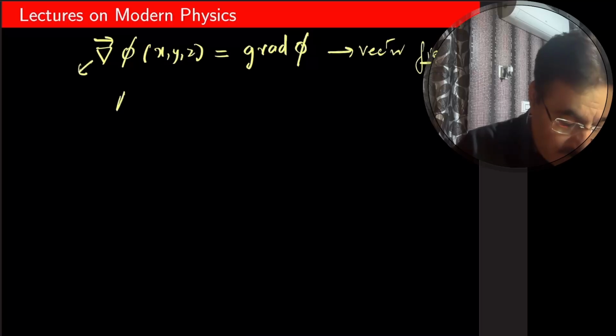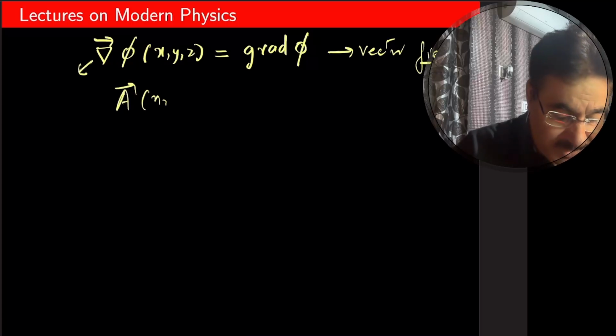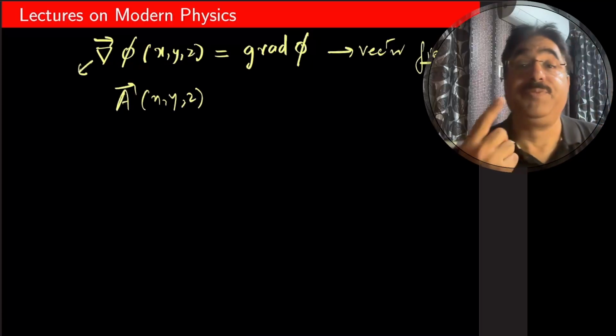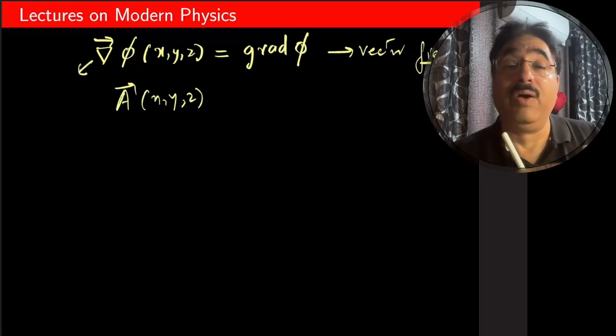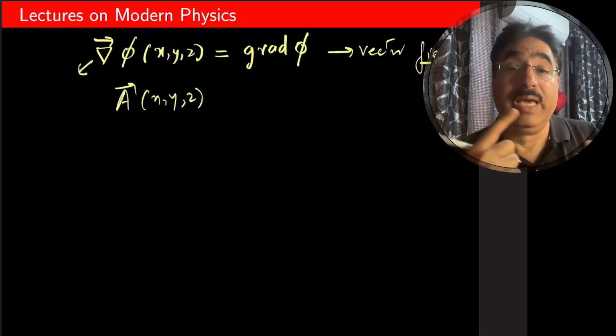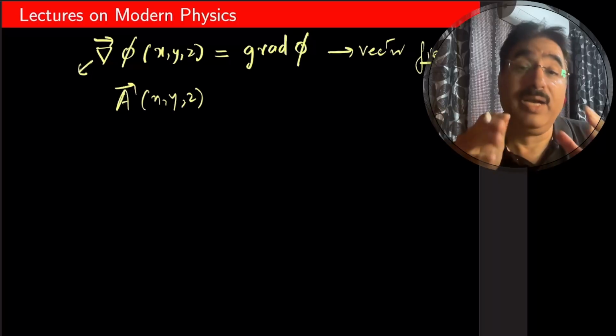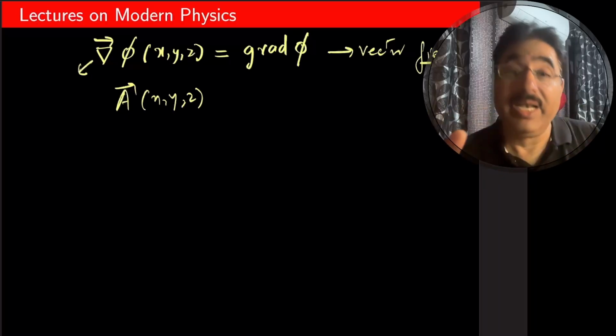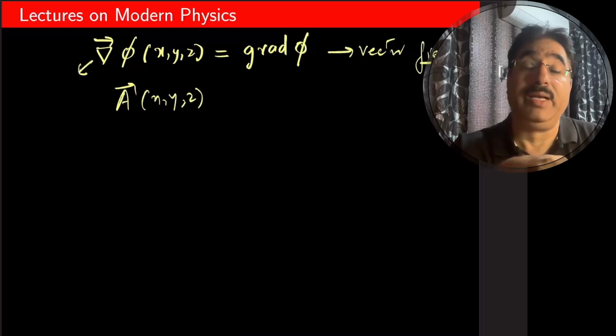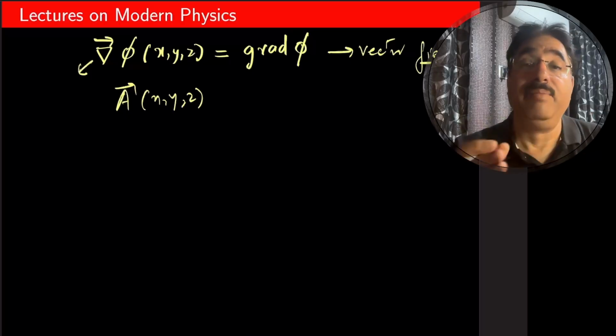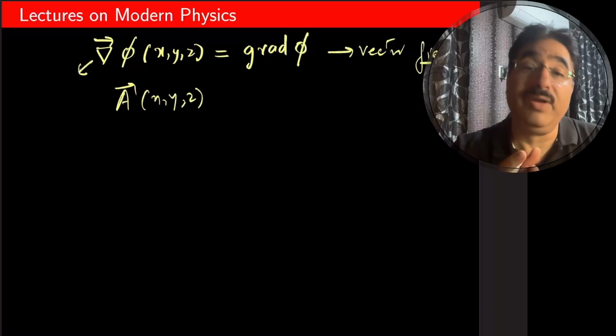Then we have a vector field A, which is used to represent a vector quantity in some region of space, like the electric field around a charge. At every point you can associate the direction and magnitude of the field. Or a magnetic field: you take a magnetic compass and a magnet, and at every point you can define the magnitude of the magnetic field and its direction.